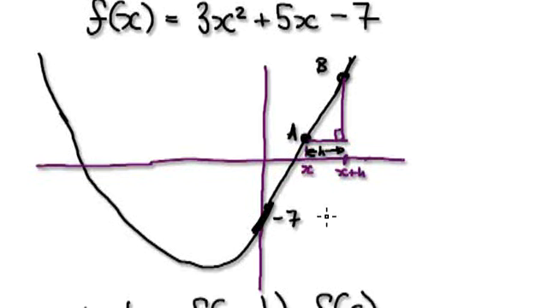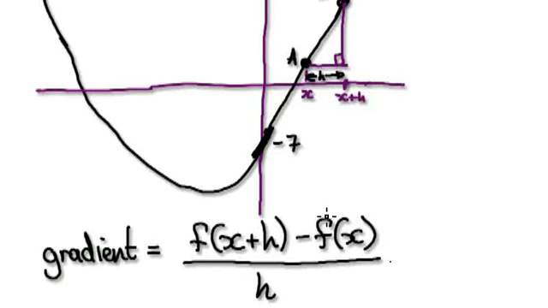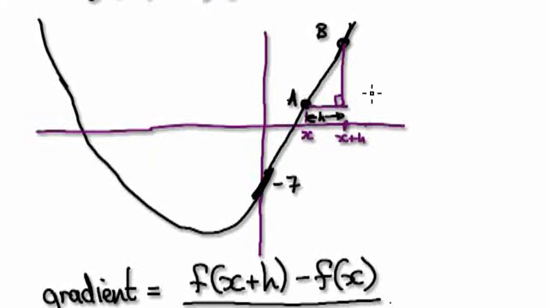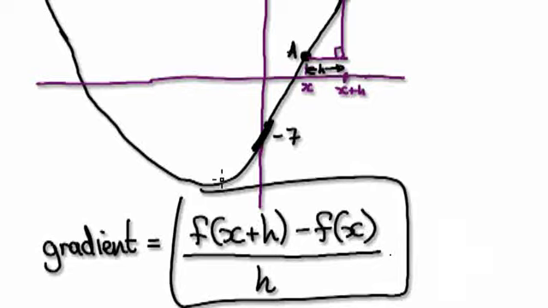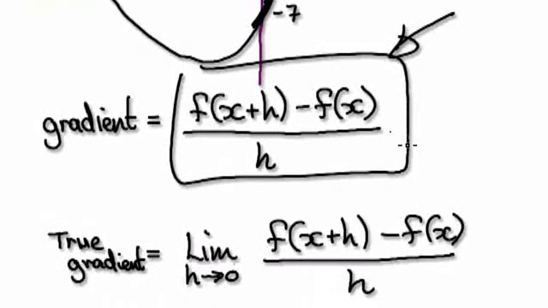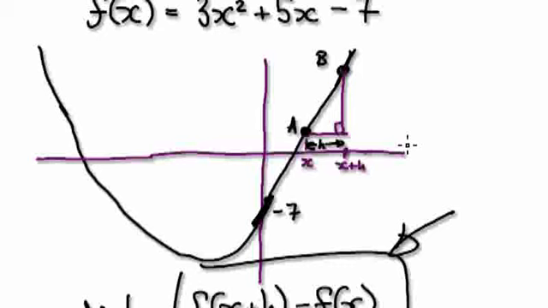Then you can say that the gradient that exists between A and B is given by this here. But the thing is, the true gradient is when you keep on decreasing h.